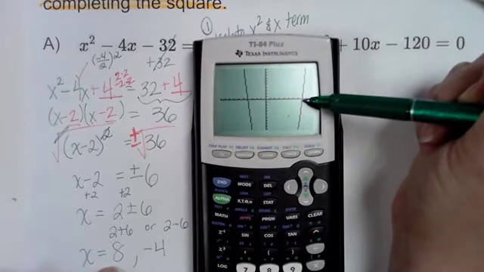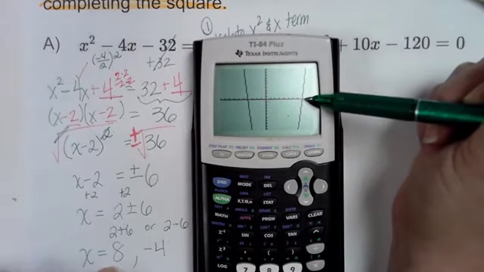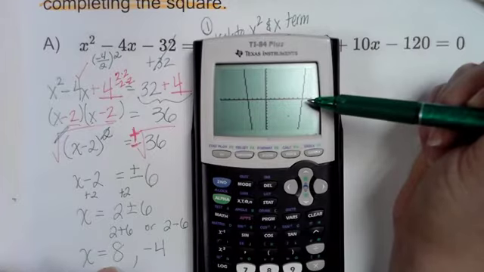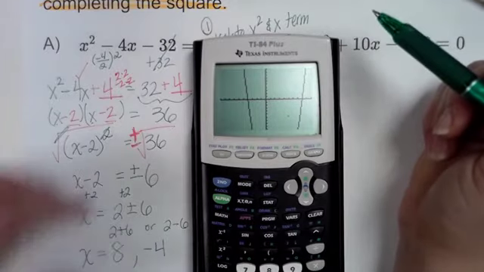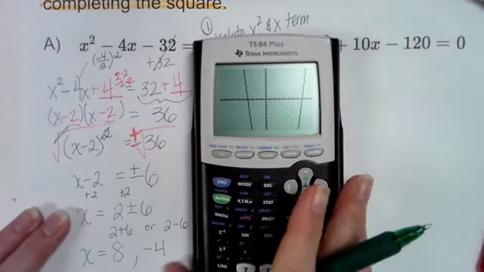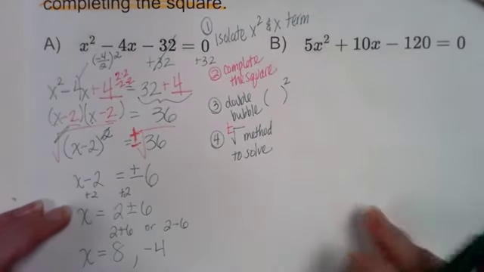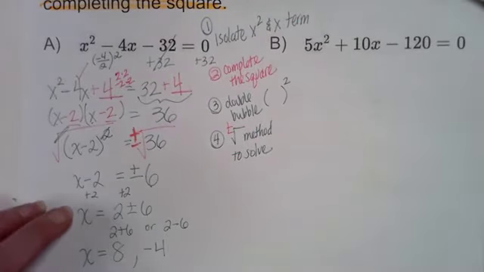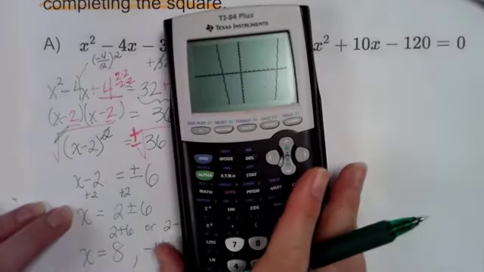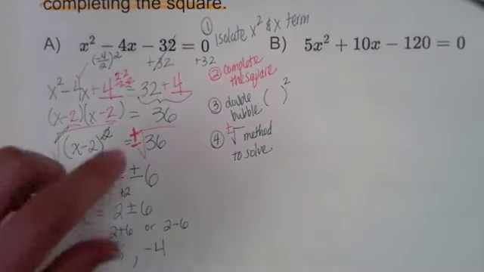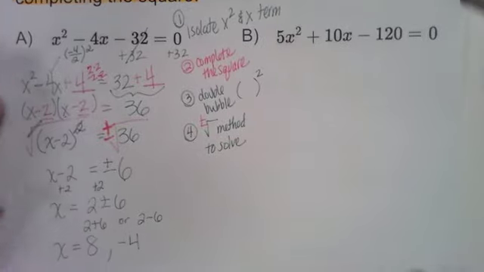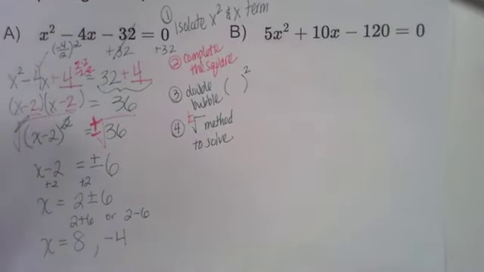Positive 8. Could you have taken a shortcut? Sure. This was just for learning the process. I won't test you on that because you could use your calculator. You've got to learn the process so that we can find things that are imaginary, and that's our goal. So we will get there soon.